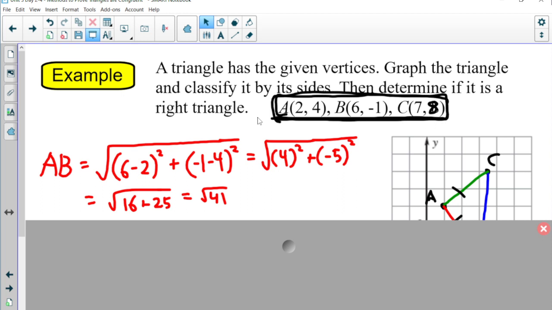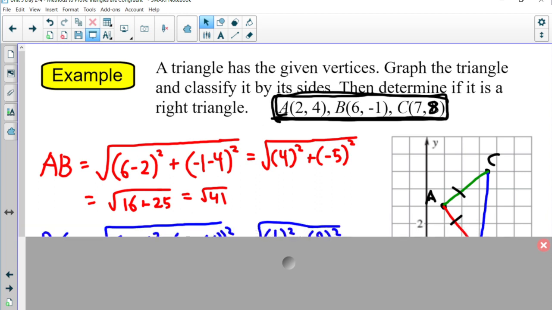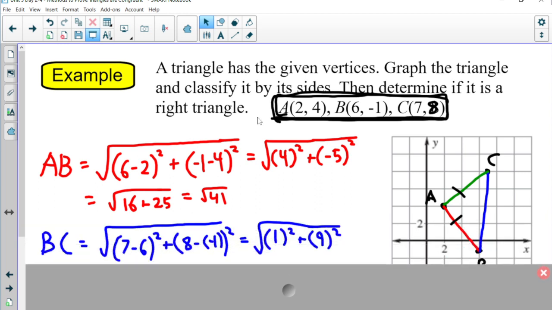So that's A to B. That's square root of 41. We're going to keep that in our back pocket here and then go on to B to C. Now, B to C, thing to point out here is we have 8 minus a -1, so that turns out to be a positive 9 squared.